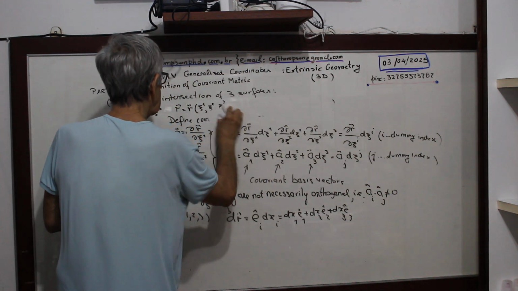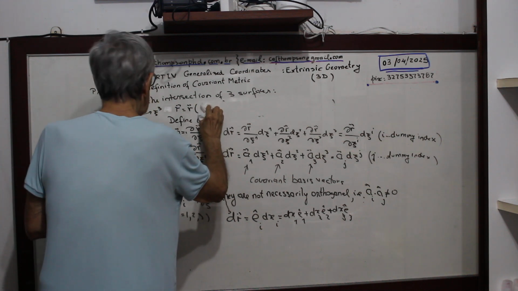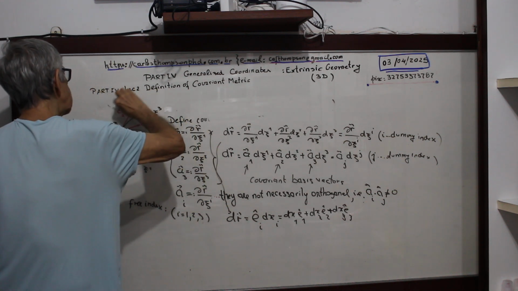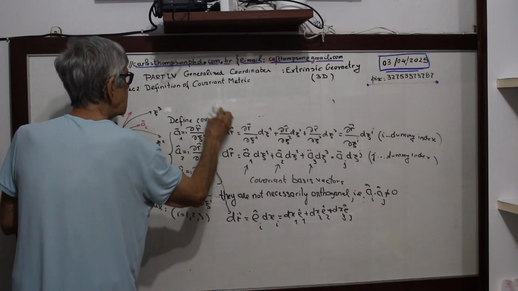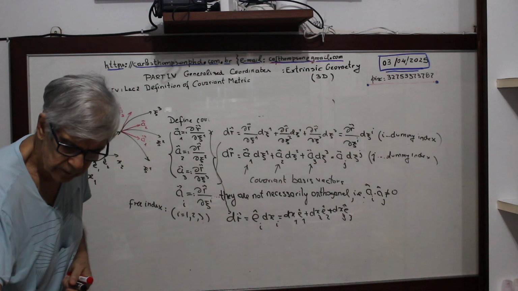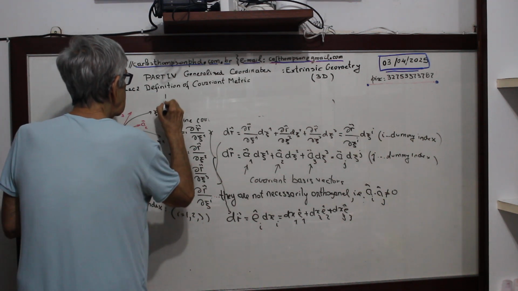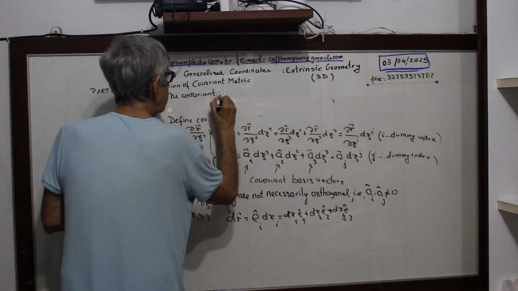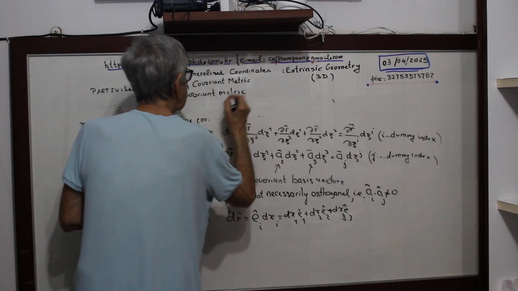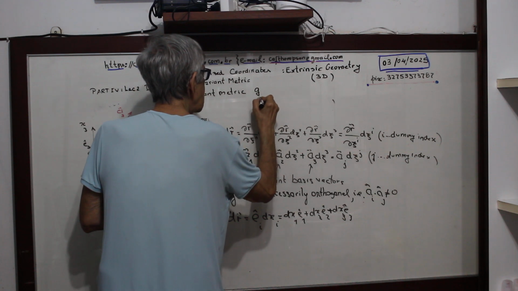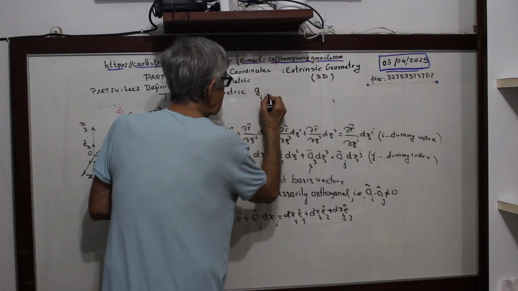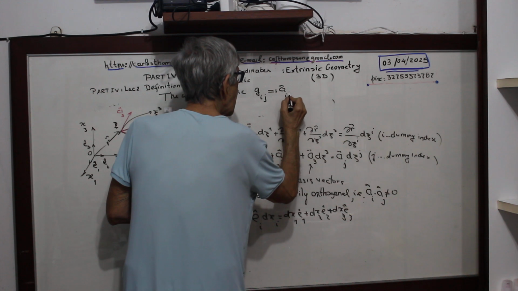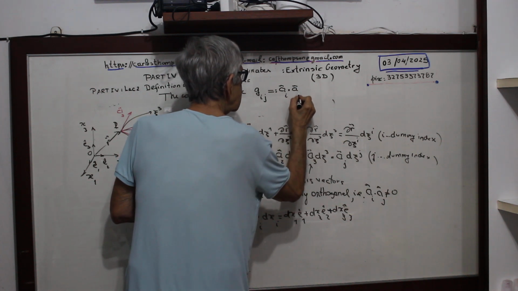Let's define the metric, okay? The covariant metric Gij is defined as the dot product of Ai dot Aj.